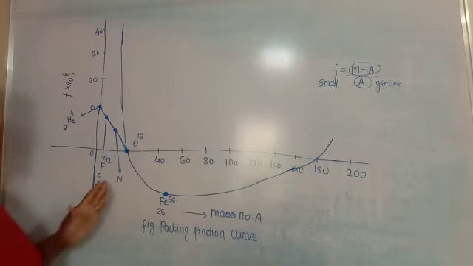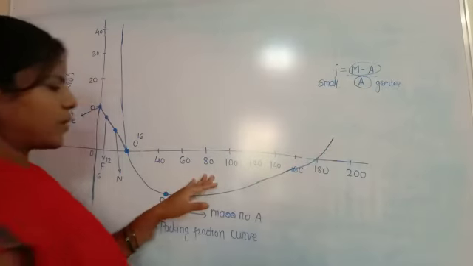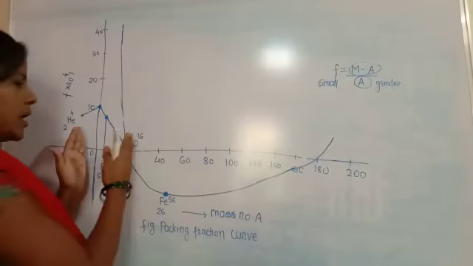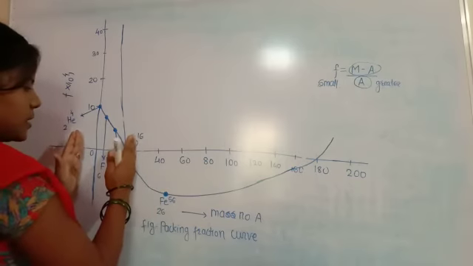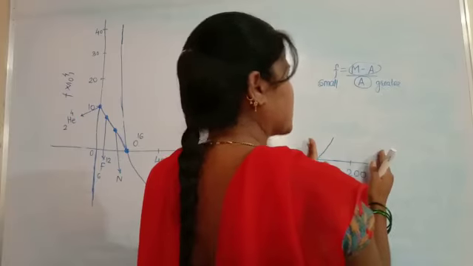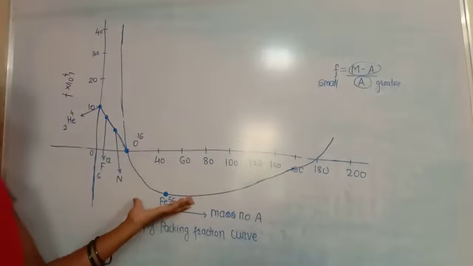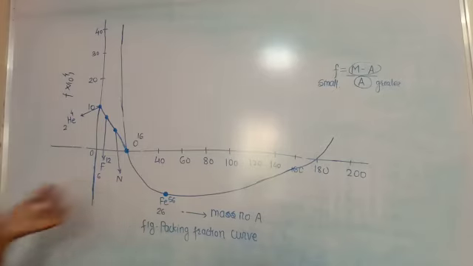I hope you understand this middle range. The middle range has the stable nuclei because the packing fraction has a negative value, and the remaining sides, below 20 and above 180, are mostly unstable, while the middle range nuclei are stable.